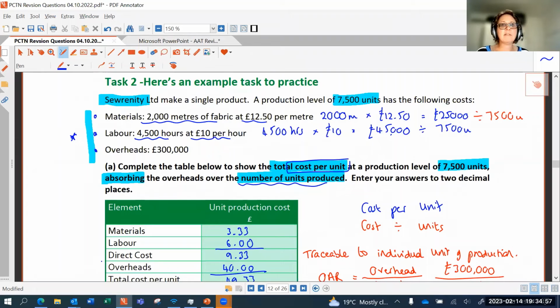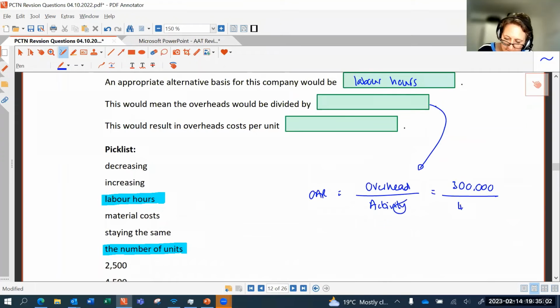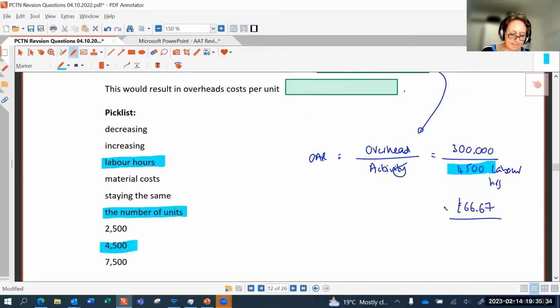So those labour hours, 4,500 of them, I would divide by 4,500. That answer would give me an amount of overhead for each labour hour. So overhead divided by hours, because I've written the working down, I'm just going to make a little note of what that would actually be. Come back to that in a moment. But it would mean the overheads have been divided by 4,500, as you said. That was another point from my pick list. So that's that one ticked off.